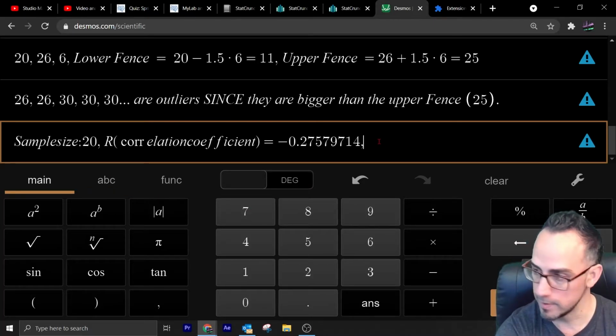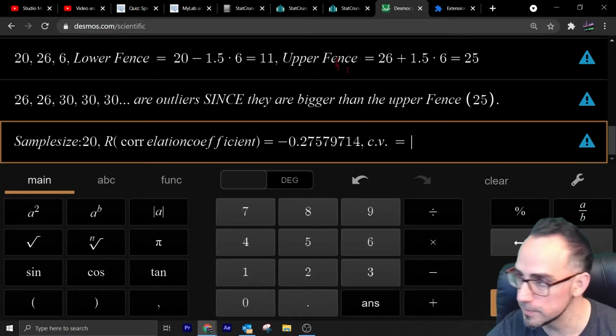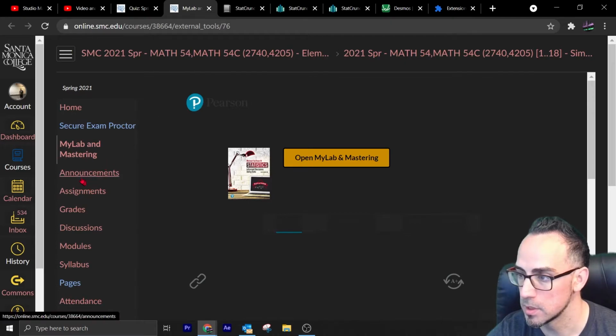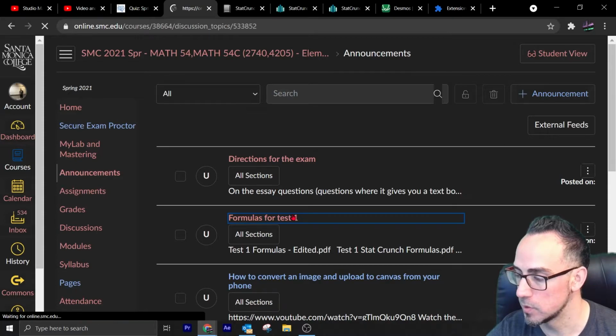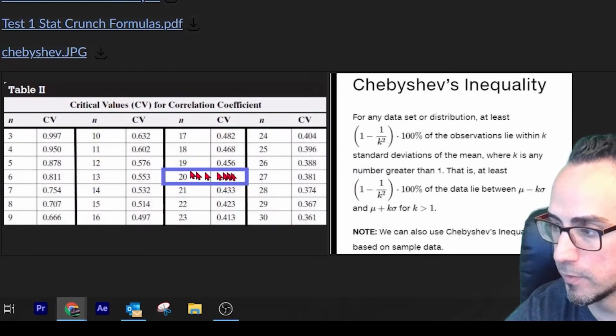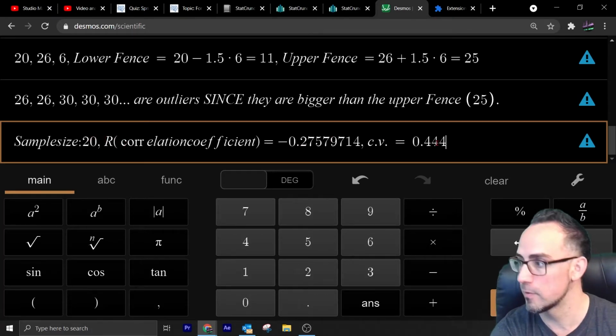I want my critical value. Formulas for test 1. We got a sample size of 20, right? So 0.444. There it is, 0.444 right there. So the critical value, because remember the sample size is 20, is 0.444.